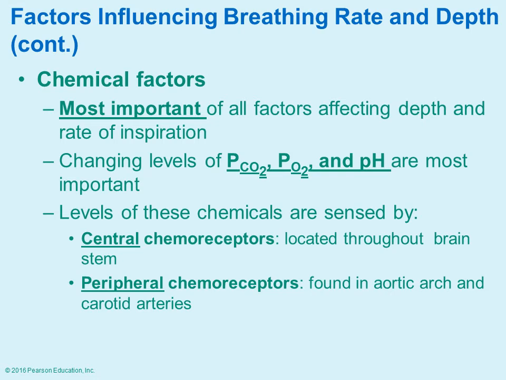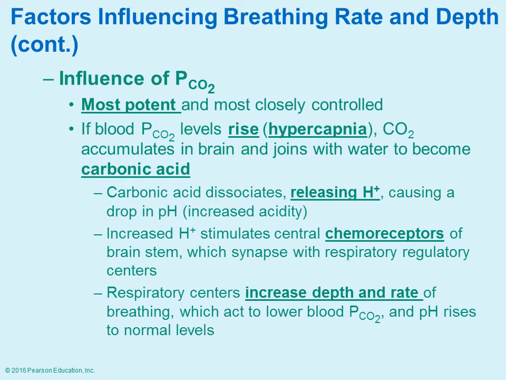Chemical factors, changes in the partial pressures of the CO2, of the oxygen, changes in the pH are going to all have huge effects on the rate and the depth. There are various chemoreceptors located throughout the brainstem, as well as in the aortic arch and the carotid arteries that are constantly monitoring this.